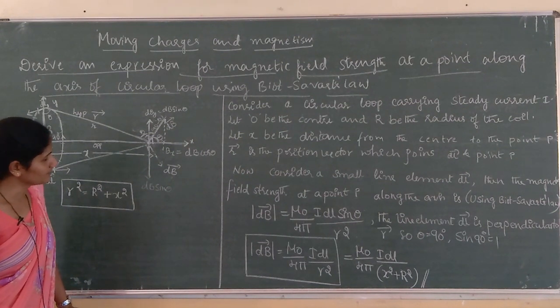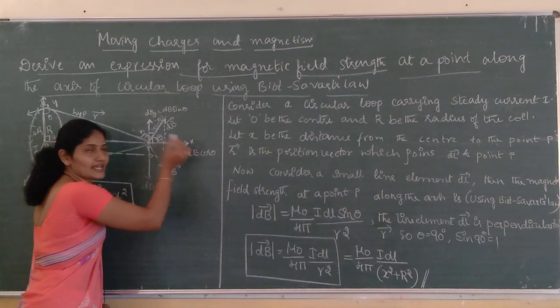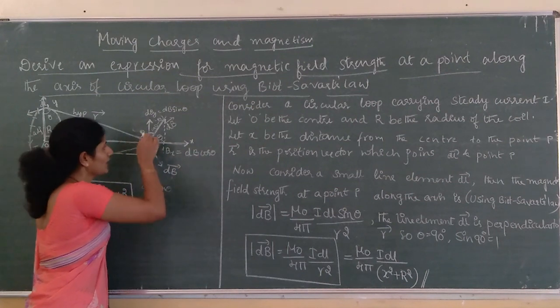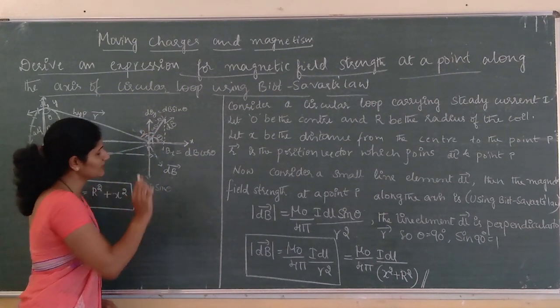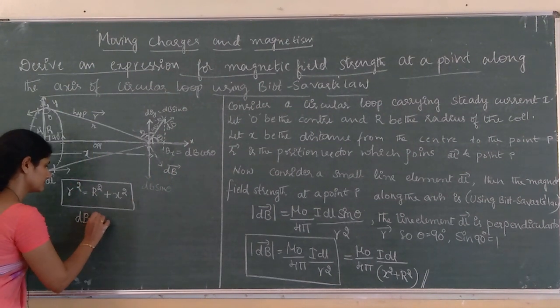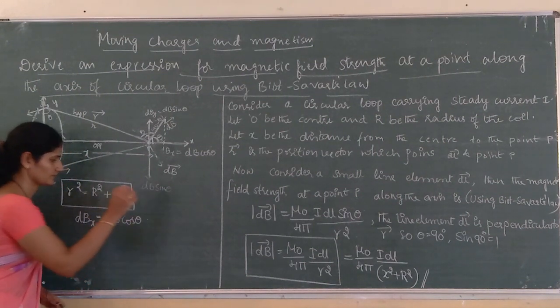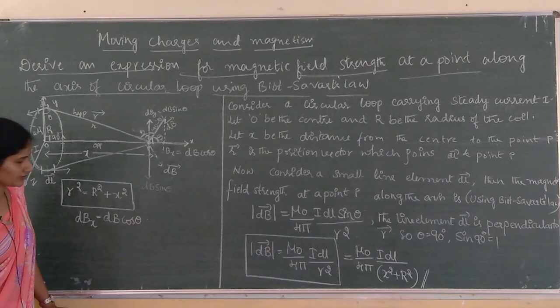From the diagram we know that the net contribution is along x axis because here we have only the x component, y components cancel with each other. So, dB is nothing but dBx, because y components cancel each other.